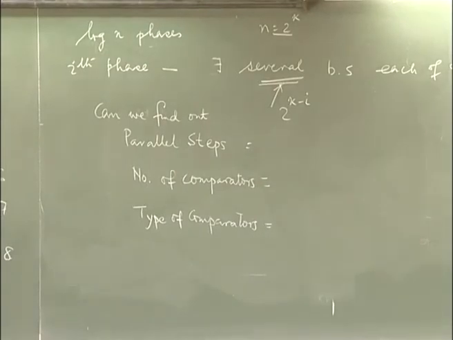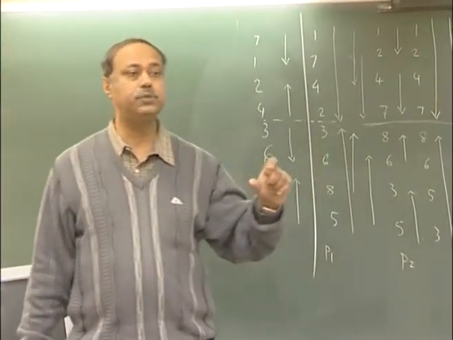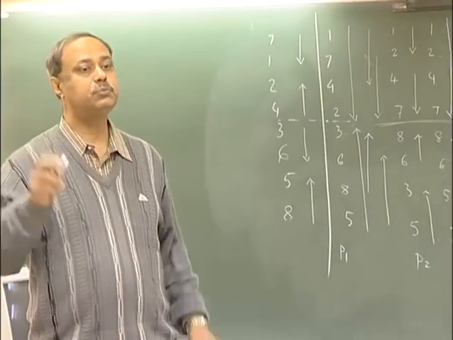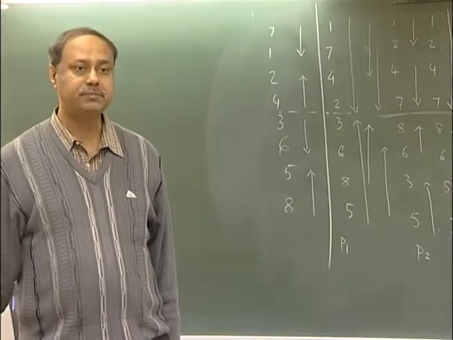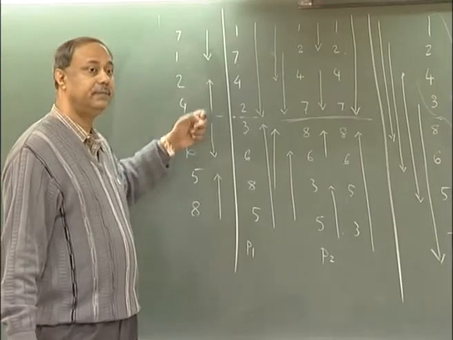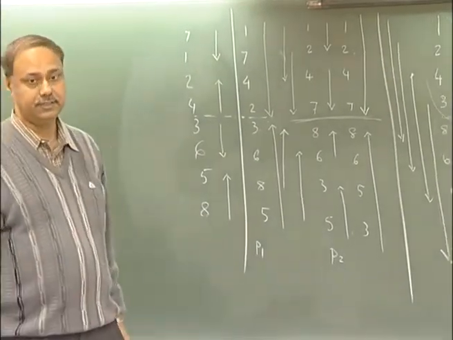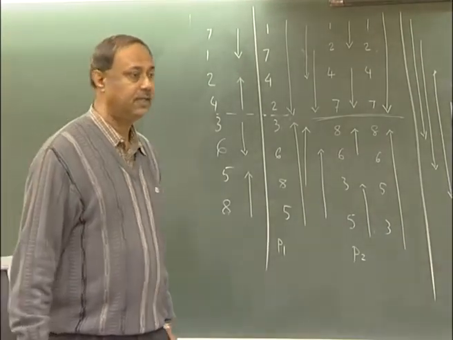You observe that here it is not like odd-even merge, where the comparator has two inputs and the first output is the minimum and the second output is the maximum. Here, depending upon the phase, it is in increasing order or decreasing order, right?